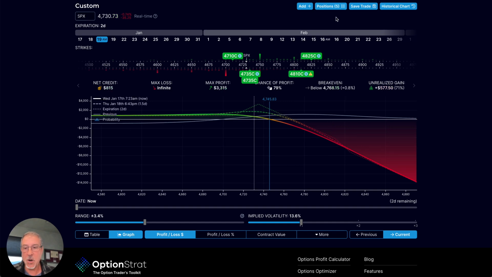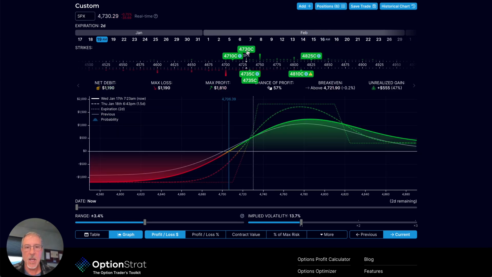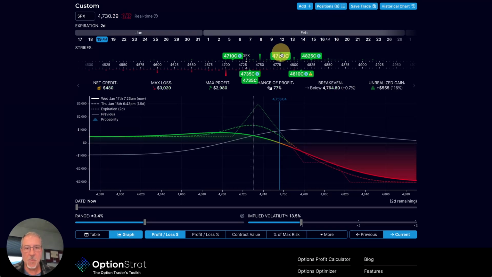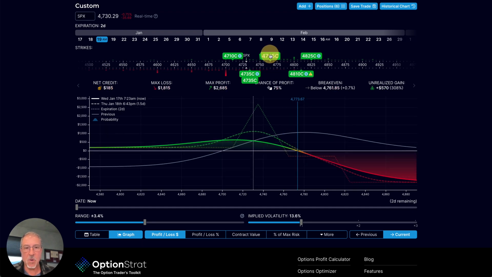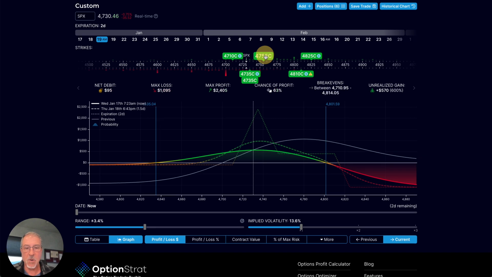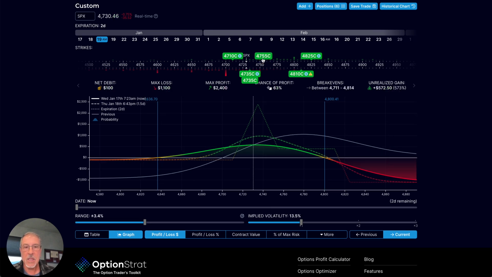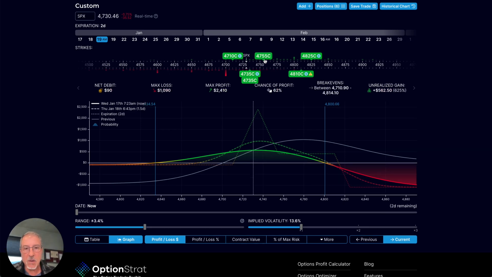But for someone learning to trade and practicing paper trading, just do defined risk positions. So in order to do that, I need to now add a long call. So I'm going to buy a call, and I'll buy that call somewhere in this general vicinity. I can roll this around and figure out where I want to buy that long call. Okay, so it looks like right around in here.